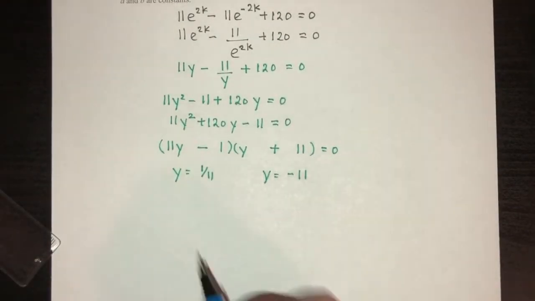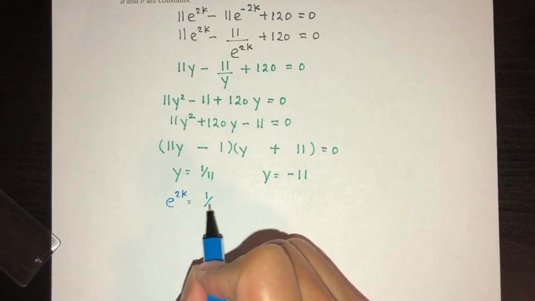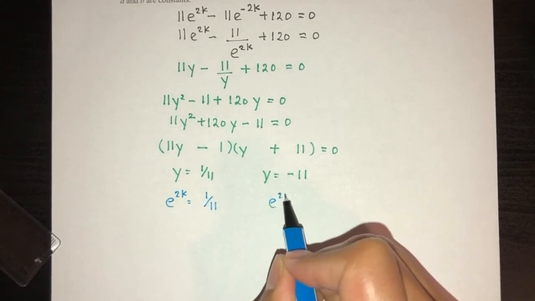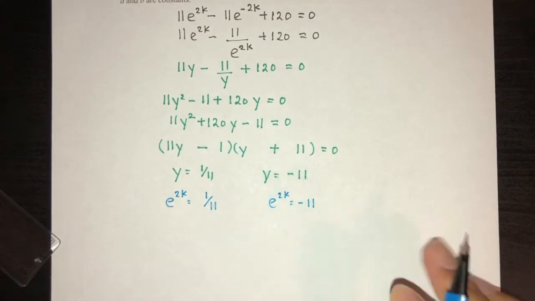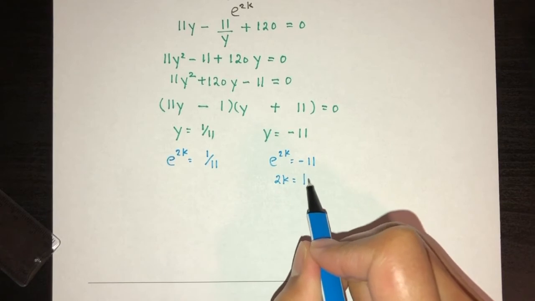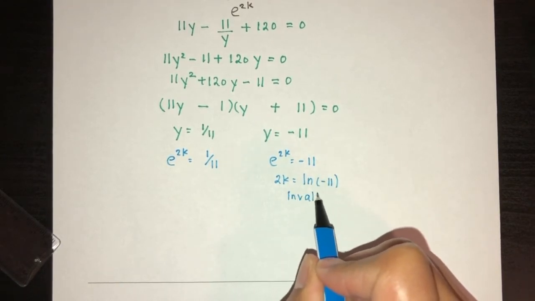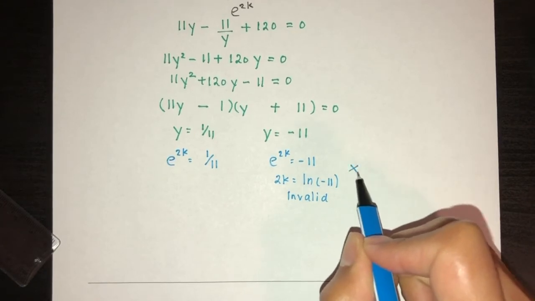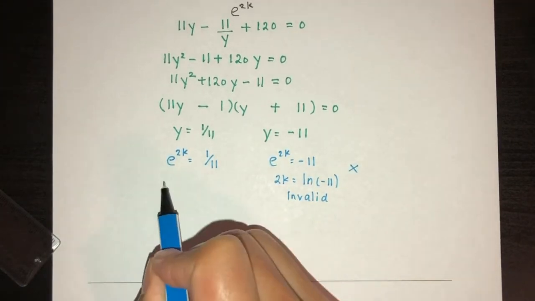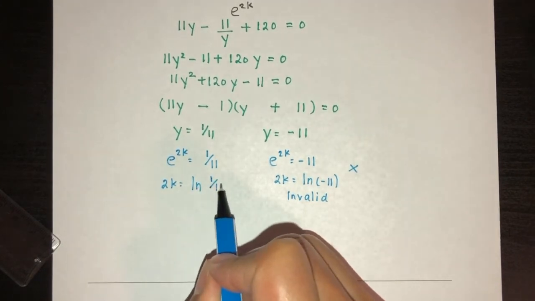So replace, that is e^(2k) is equal to 1 over 11 and e^(2k) is equal to minus 11. Now for this one we have 2k equal to ln of minus 11. That will be invalid, so it will not be possible for this value. So we only have this one remaining. So 2k will be ln of 1 over 11.